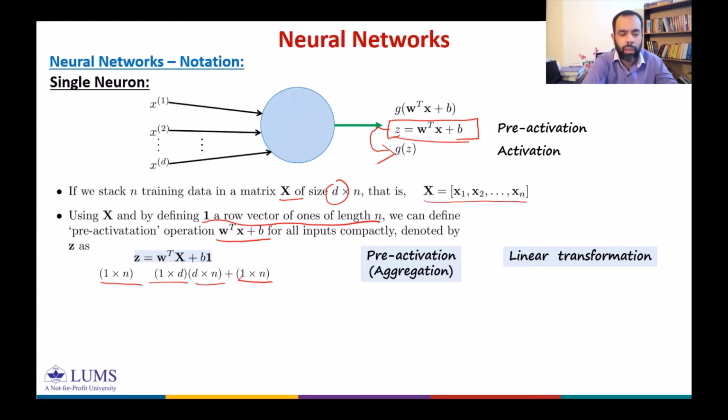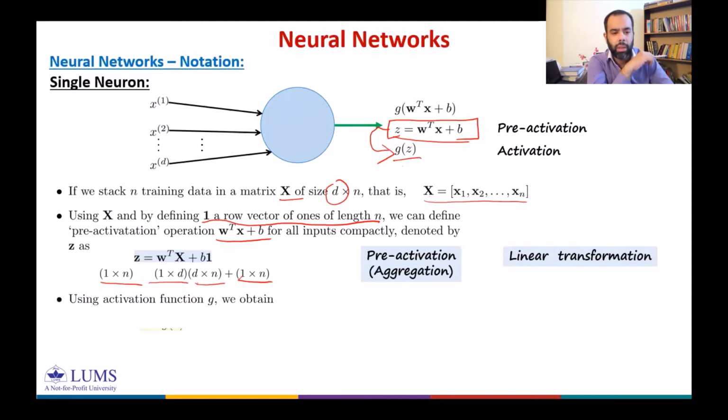If we pass this Z through the activation function, the activation function is defined for a scalar. But if I pass a vector, we define the operation of the activation function on a vector as acting on each term of the vector.